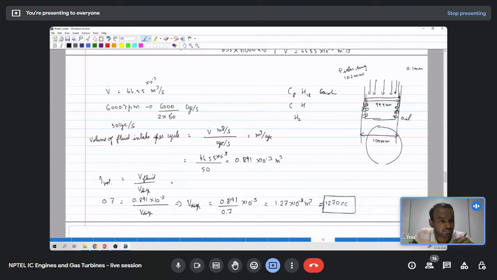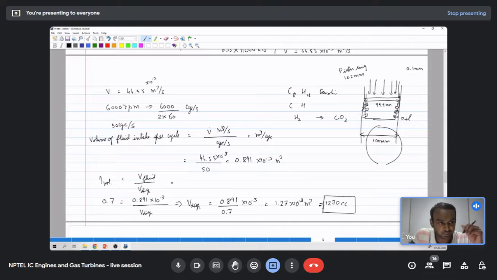The main advantage of using hydrogen is that we don't get carbon dioxide, which is a greenhouse gas. But how about the implications on combustion? It is a good fuel in terms of combustion.